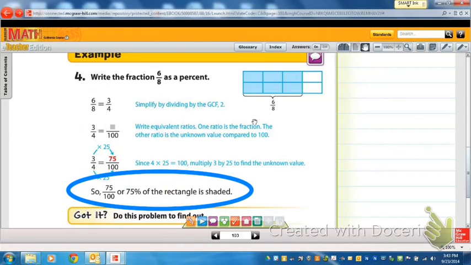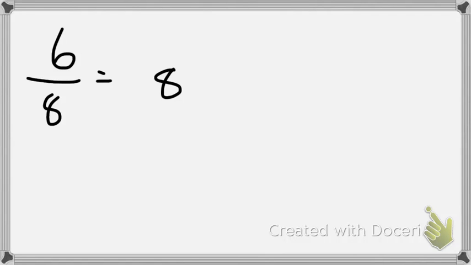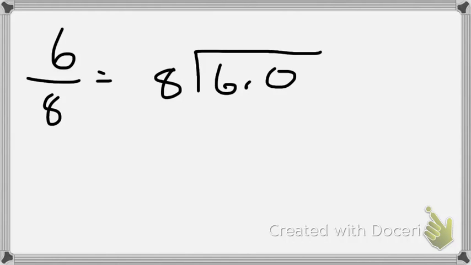But I know a lot of kids get confused by reducing it and then changing it to 100. So the other way you can do this is taking 6/8 and dividing 6 divided by 8. 8 into 60 goes 7. 60 minus 56 is 4.